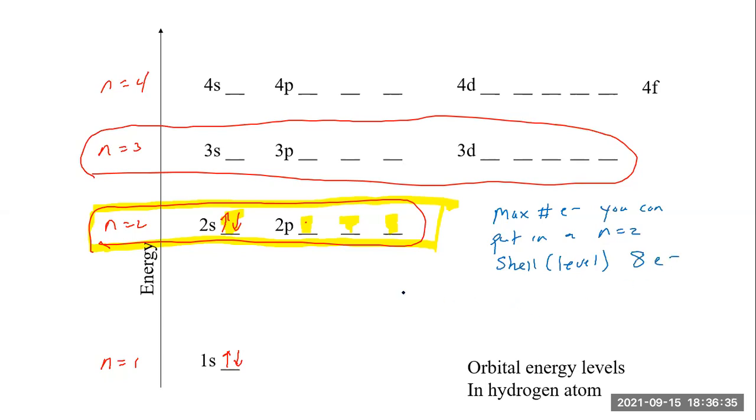Now, if I were asked, what is the maximum number of electrons if you fill the 3p subshell, or sublevel as it is sometimes called, what am I talking about? I'm talking about the subshell or sublevel. That is not the entire n equals 3 level.